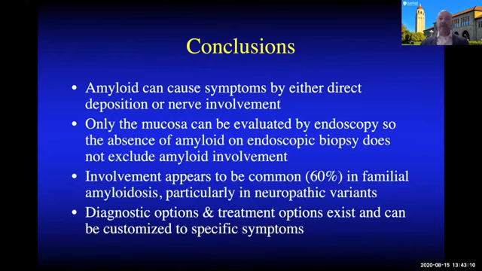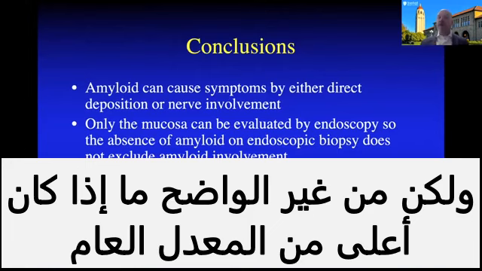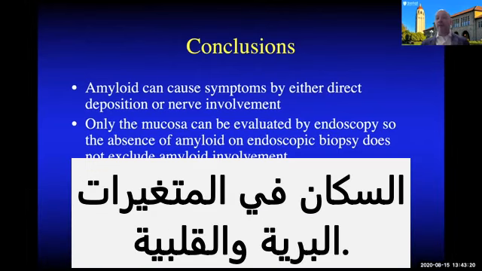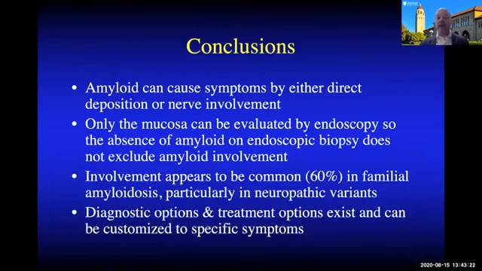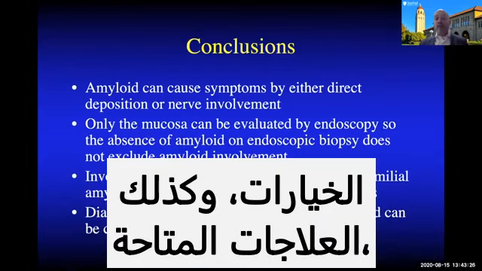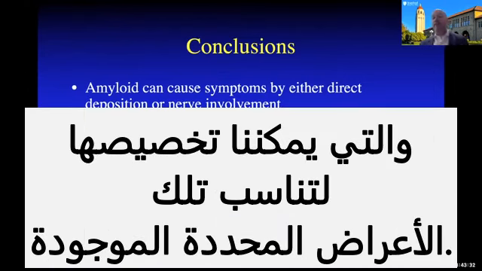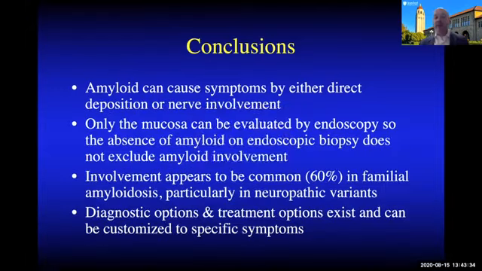Involvement appears to be common in variants which are neuropathic, but it's unclear if it's higher than the general population in wild type and cardiac variants. And we do have a large number of diagnostic options as well as treatments which are available, which we can customize towards those specific symptoms which are present.